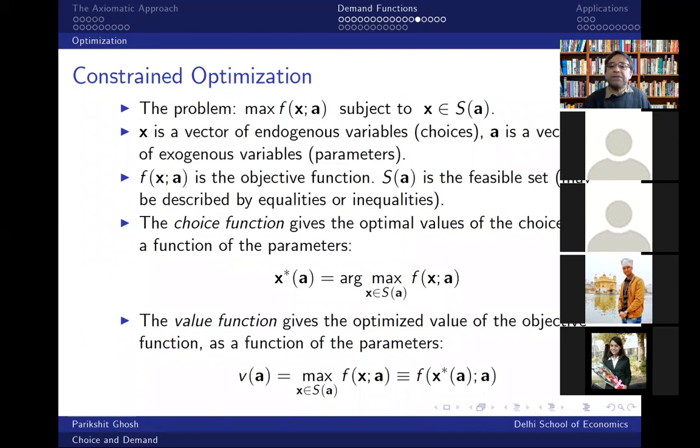Each element of the budget set is a quantity vector. It's not a vector of prices. But the boundary of the budget set depends on prices. So A is an argument of this set function, if you will. That's the analogy. Every element of the budget set is a quantity vector, but the shape and size of the budget set is a function of prices.